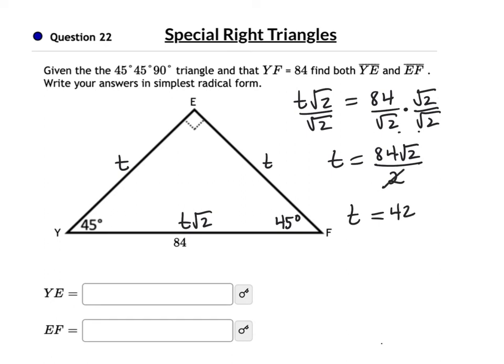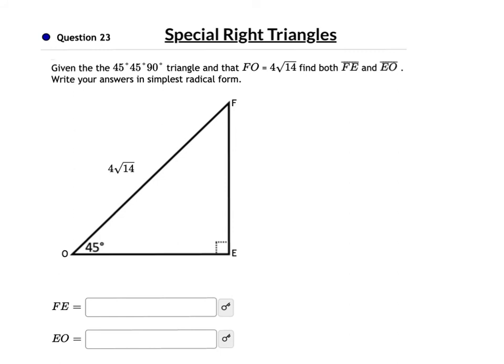In other words, I'm dividing by 2, I get 1. I'm dividing by 2, I get 42. And the answer then is 42 root 2. So YE is t, which is 42 root 2, and EF is also t, which is 42 root 2.